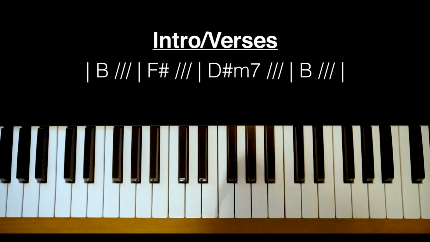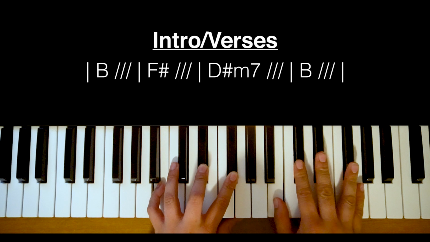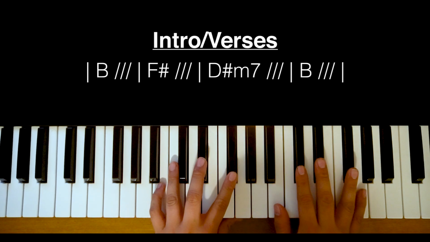Okay? So, how does the intro work? It basically follows the melody of the verses. And one thing I do want to mention, the intro is the same exact chord structure that you will have for verse 1, verse 2, and verse 3. So, how does that melody go? It goes like this.